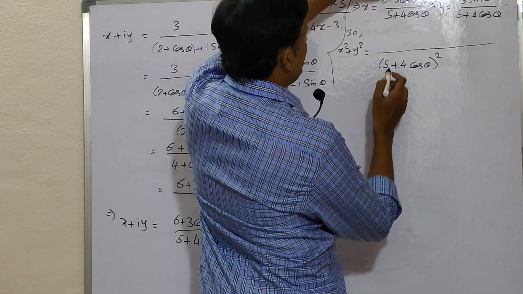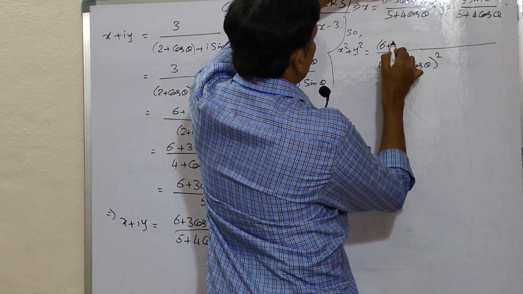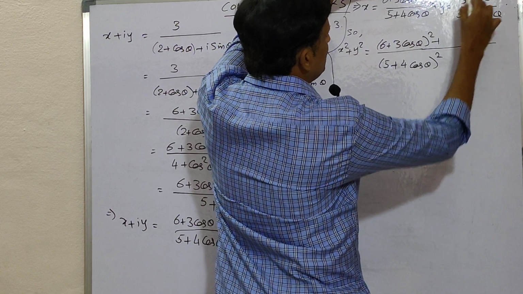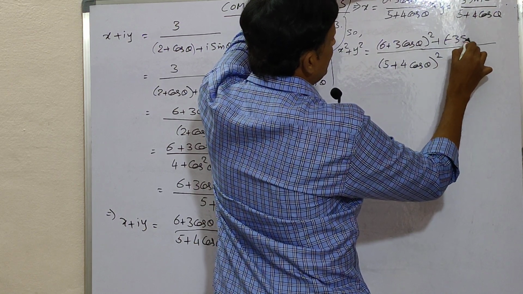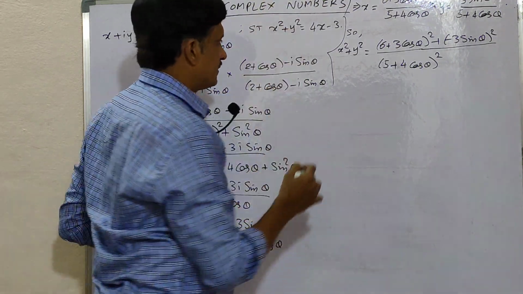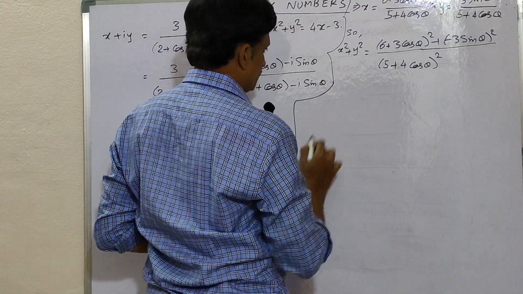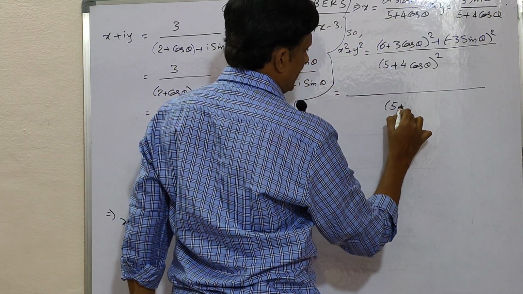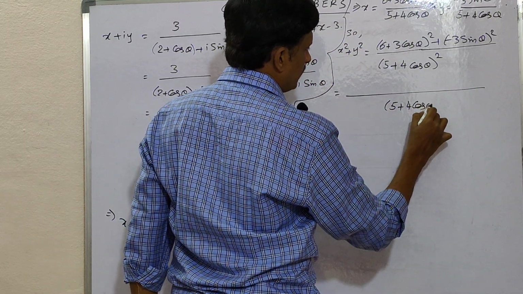And now the numerator is (6 plus 3 cos theta) whole square plus y square, which is (minus 3 sin theta) whole square. Now we need to simplify the numerator here. The denominator is (5 plus 4 cos theta) whole square only.